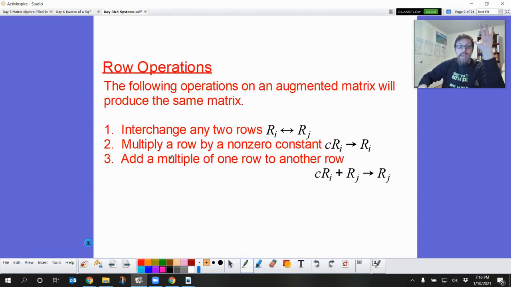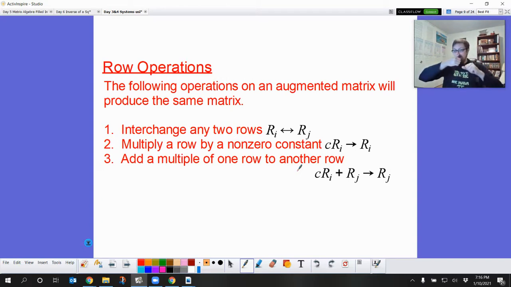The last thing, add a multiple of one row to another row. Now, it might not look like this, but this is elimination. That's an elimination move. When you eliminate a system of equations, you multiply one of the equations by something to make a new equation, and then you add that to the other row, and then one of the equations loses a variable.